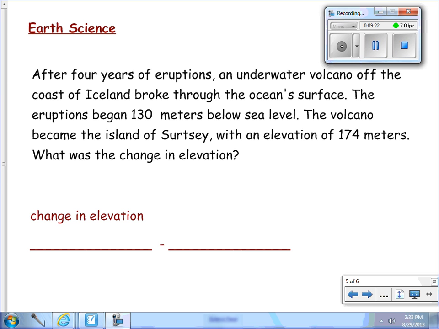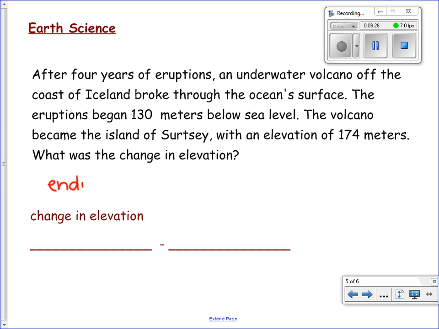So you're going to again use the ending point, then subtract the starting point in your word problems. And you will do this in your practice and from now on.